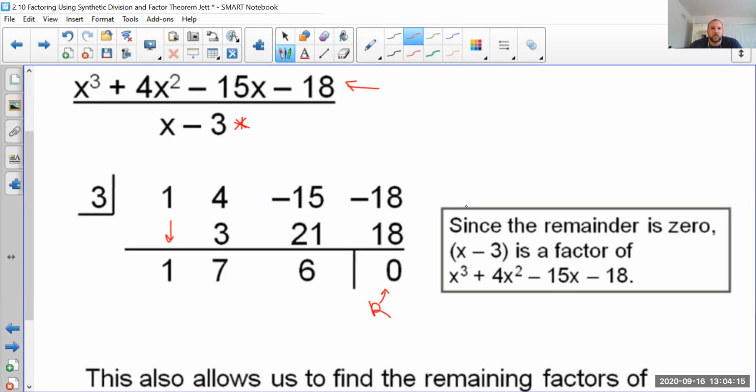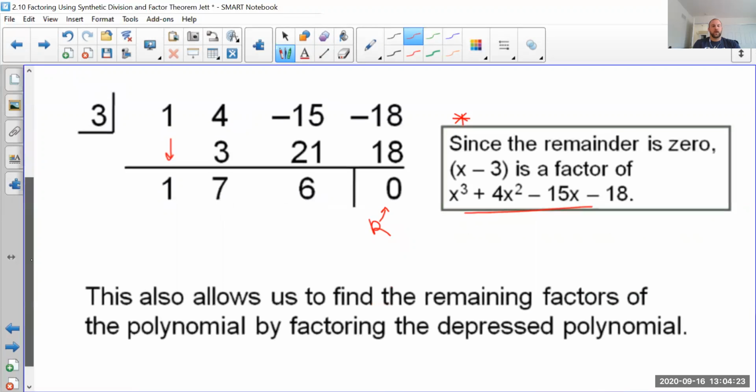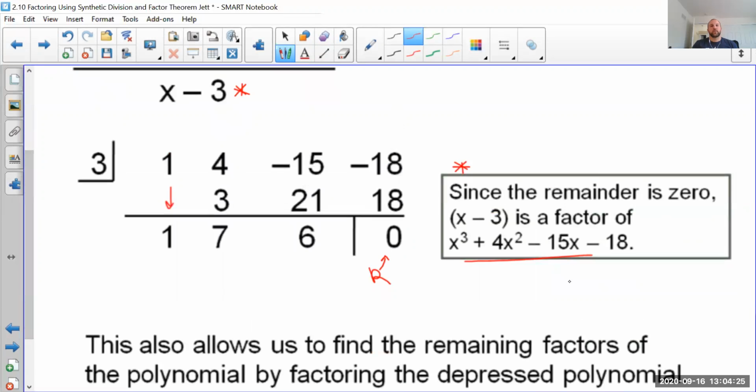What that tells us right here, since the remainder is 0, x minus 3 is a factor of this. Okay, and so what we're going to end up doing then is we're going to continue factoring from there. We're going to take this, what we get after we pull out that x minus 3, and continue factoring if we can. Let's do an example.